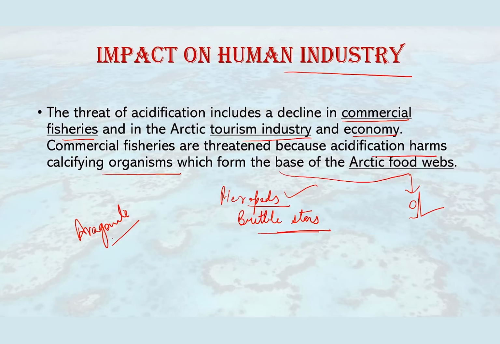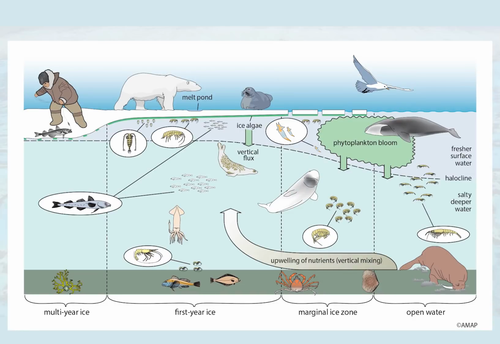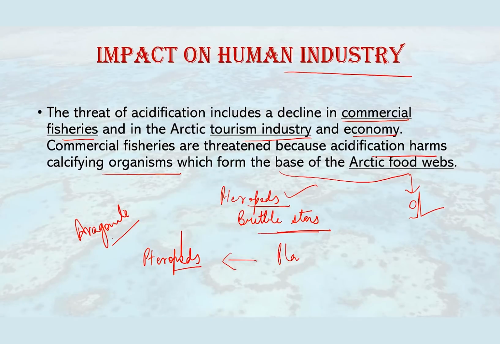Arctic food webs are considered simple, meaning there are few steps in the food chain from small organisms to the large organisms, or you can say large predators. For example, pteropods are a key prey item of a number of higher predators, such as fish, seabirds, and whales.